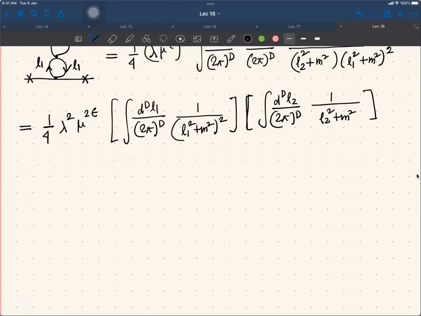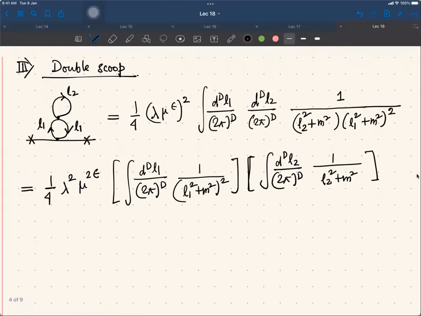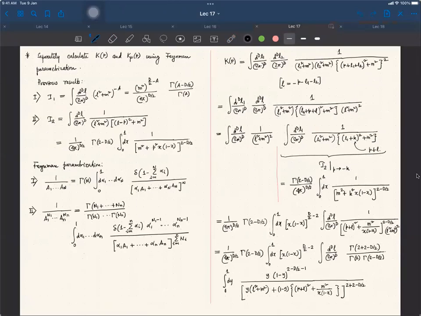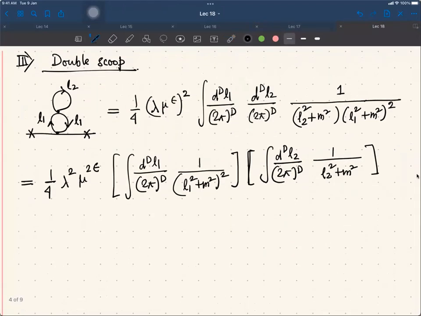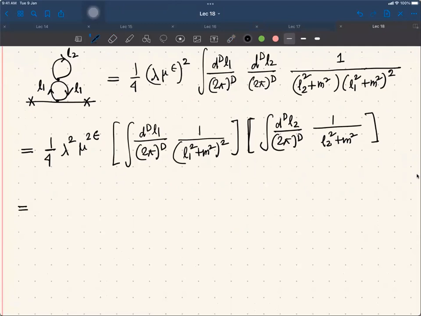So these are basically the I1 for different values of A. In one case A is 2, in the other case A is 1. So we can just straight away write the result.